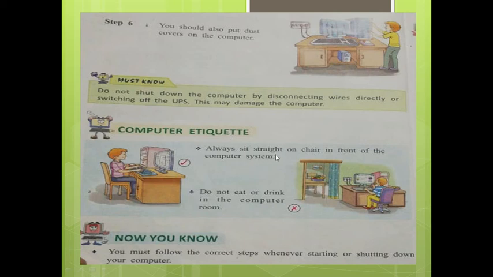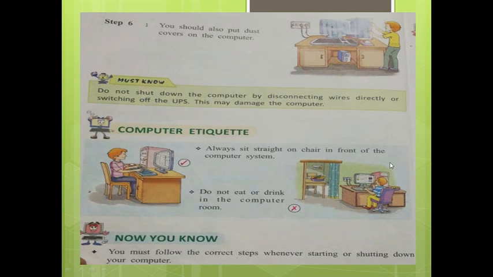Always sit straight on a chair in front of the computer system. Do not eat or drink in the computer room or lab, and when you are sitting at home, see, this position is the correct sitting.